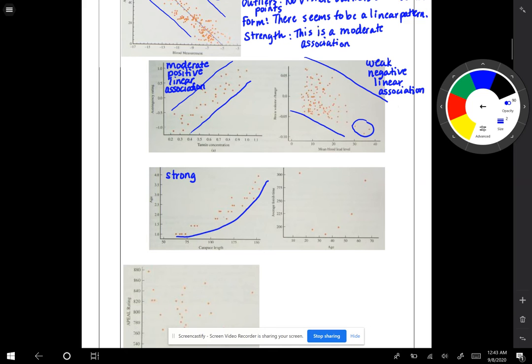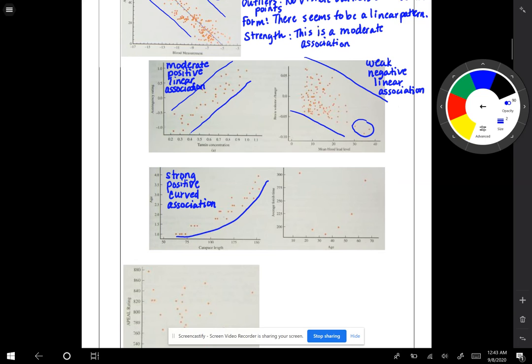It's a strong positive curved association. So notice the word positive takes care of the direction, curved takes care of the form, strong takes care of the strength, and there you go.